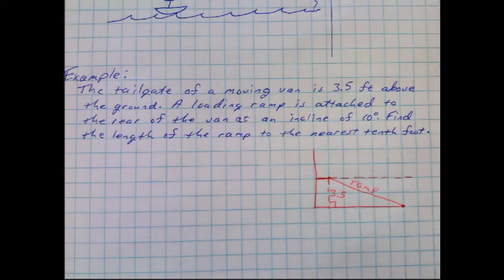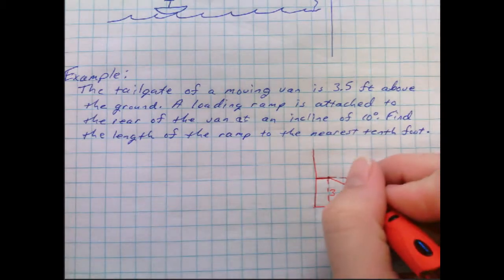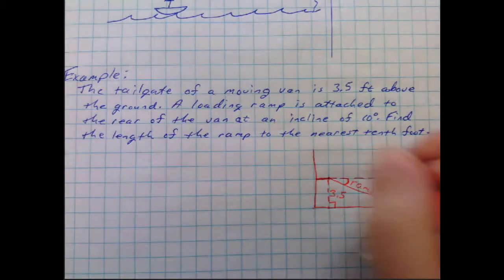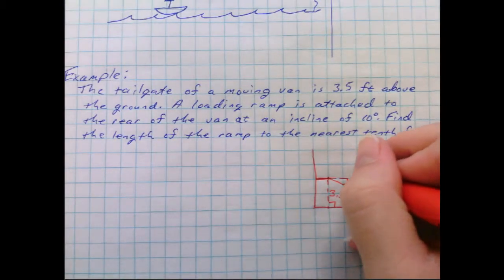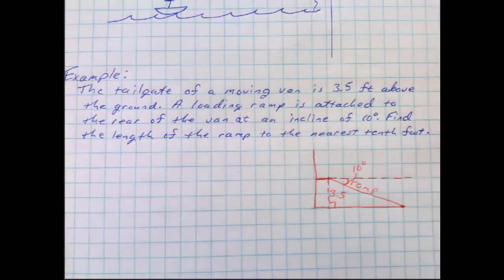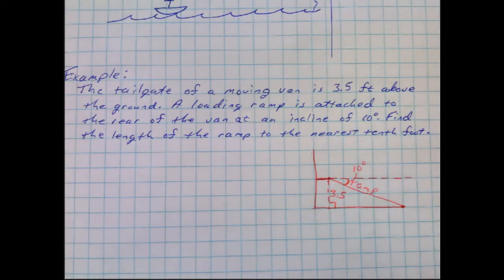The loading ramp is attached to the rear of the van at an incline of 10 degrees. That means this piece right here is 10 degrees. We're going to find the length of the ramp to the nearest tenth. That means we want the hypotenuse. We want x.